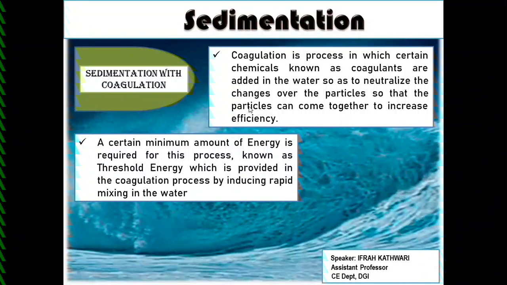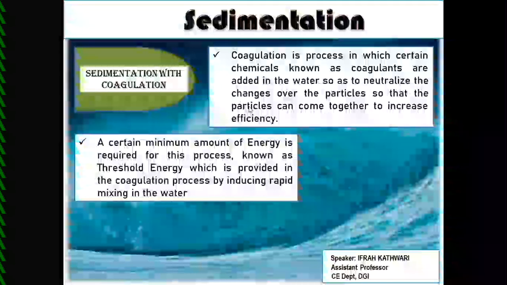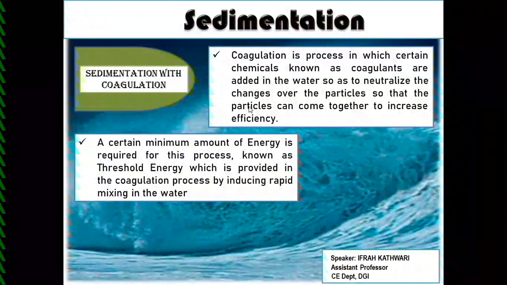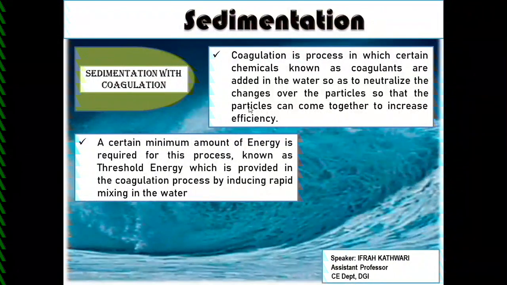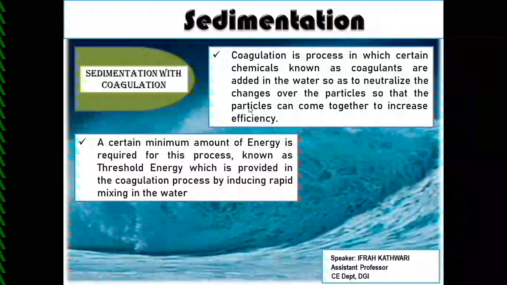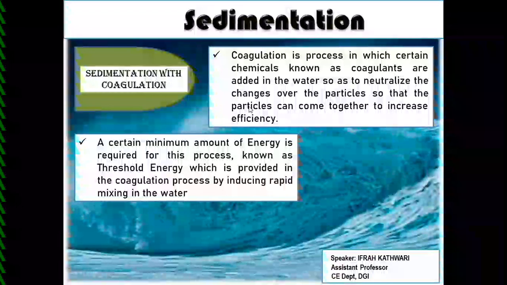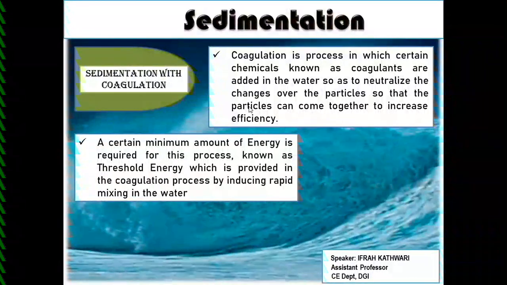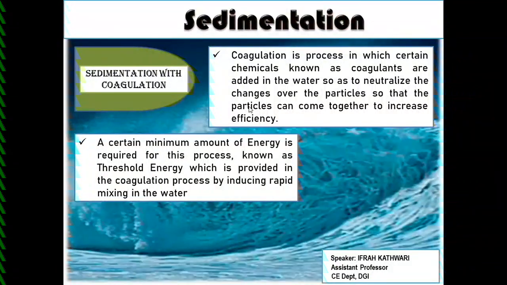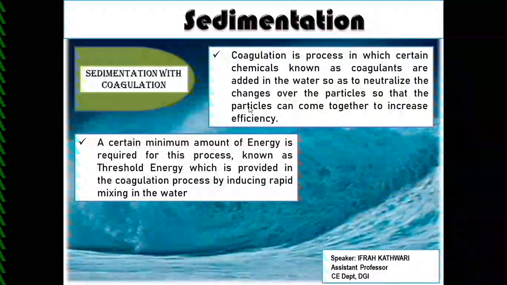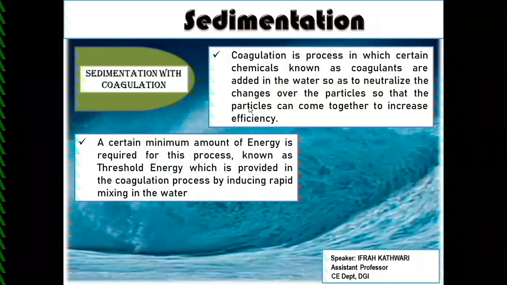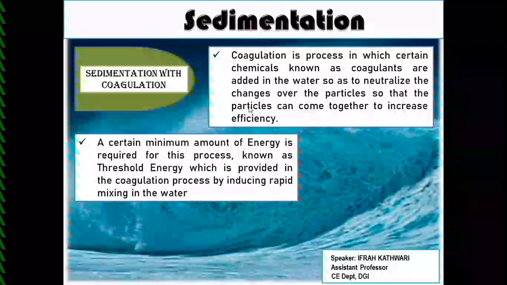Sedimentation with coagulation involves the process in which the particles which are finer or smaller in size don't get settled too easily. Sedimentation is a quite quick process, so the finer particles take a lot of time to settle down in the sedimentation tank.